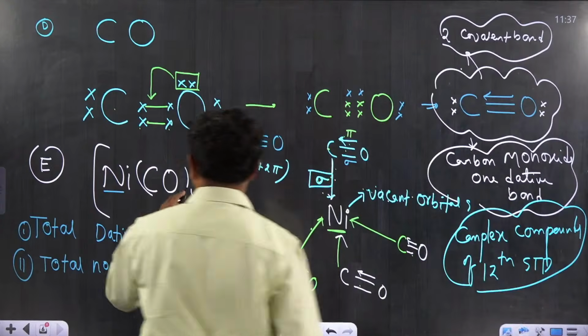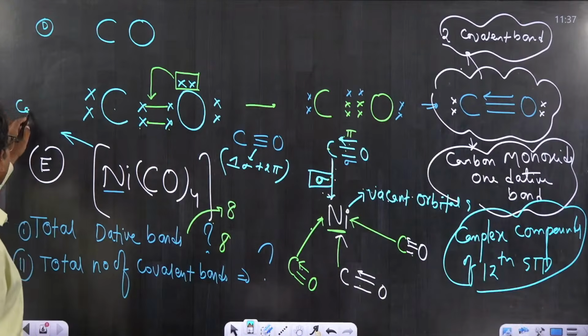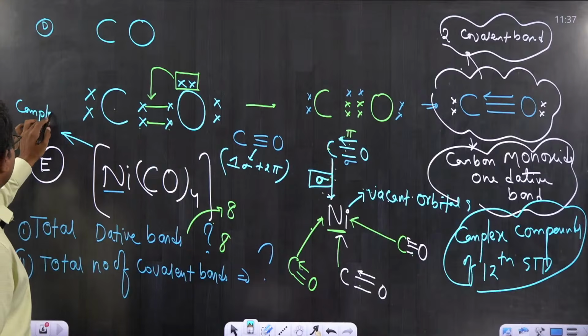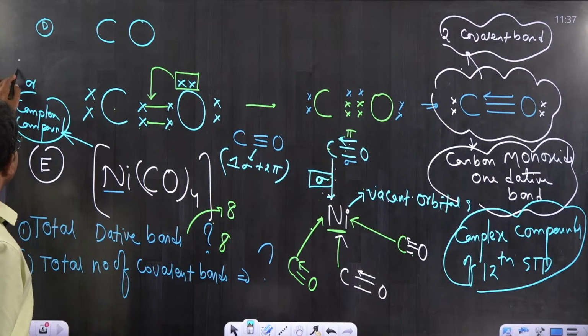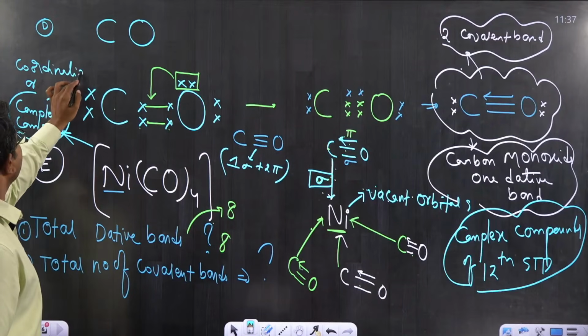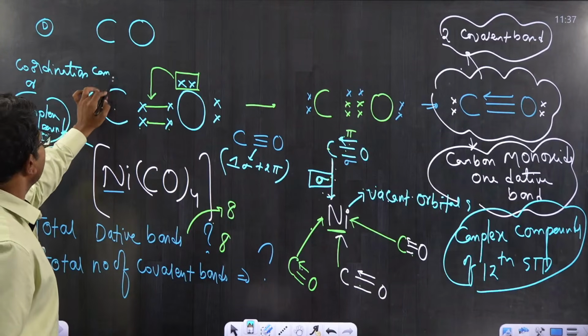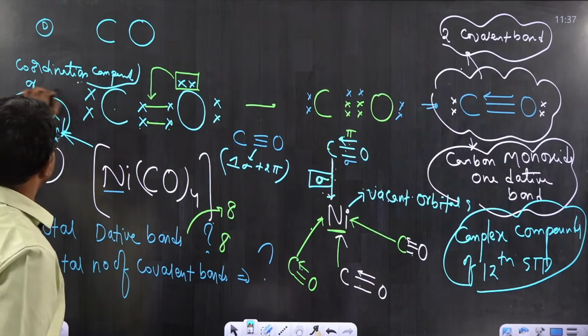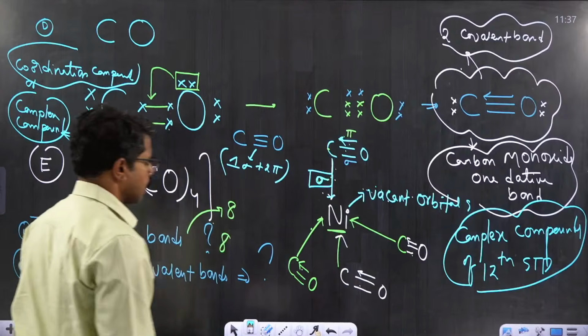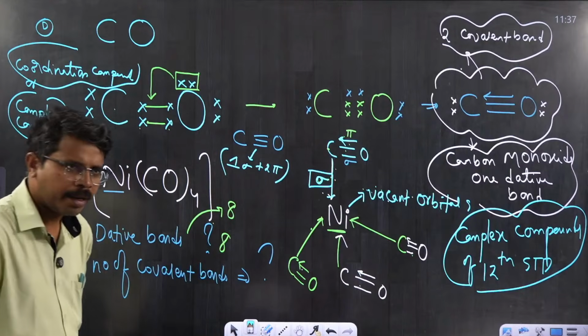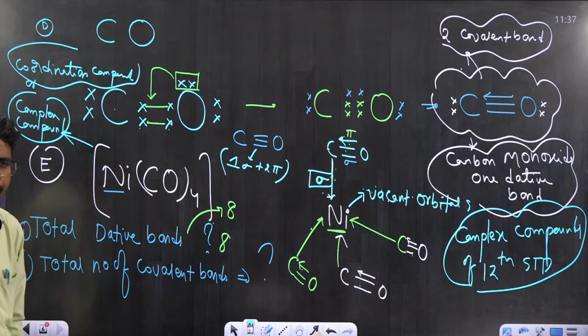This compound is in fact called a complex compound, or it can also be called a coordination compound. Coordination is used to refer to the bond between metal and this species, which is considered as a dative bond. I hope this point is clear, right?